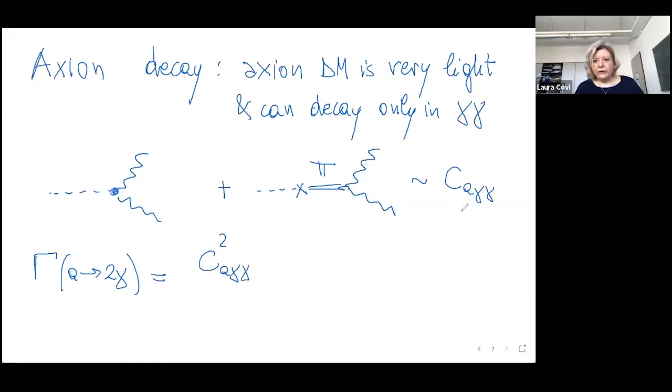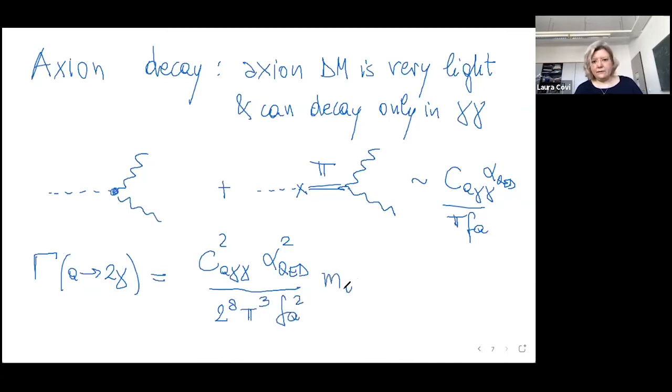Here I would use this with the usual suppression of pi over Fa, and here I have an alpha QED, just for consistency with the other coupling of the gluon. So I write here alpha QED squared, and I have some factors of pi's and 2's from the decay. And I have an Fa squared, and of course I have a mass to the cube.